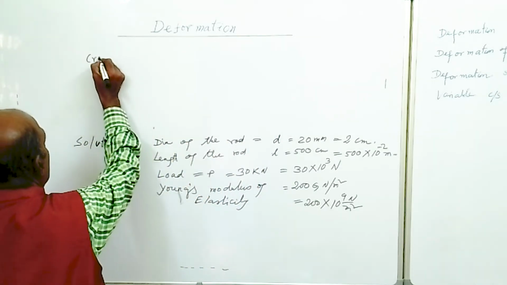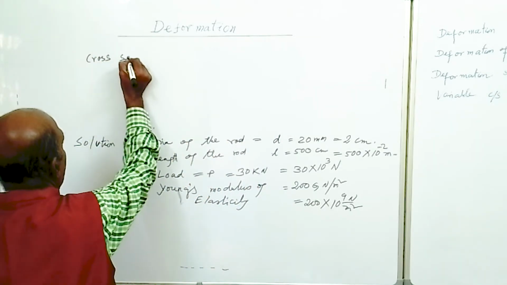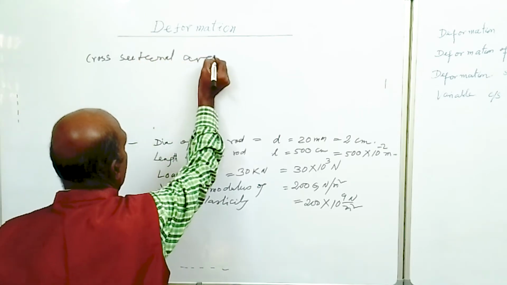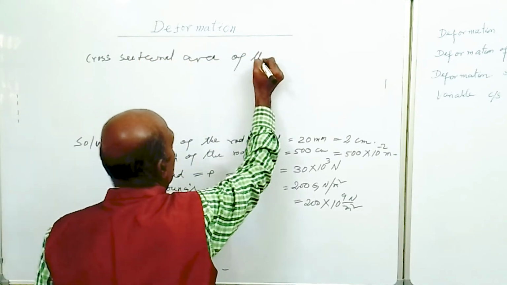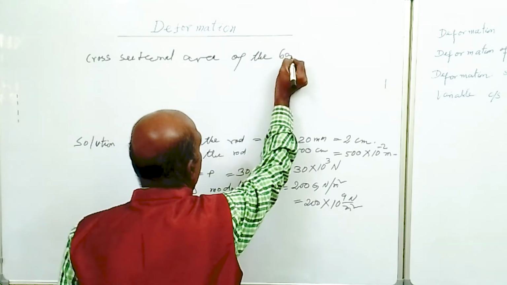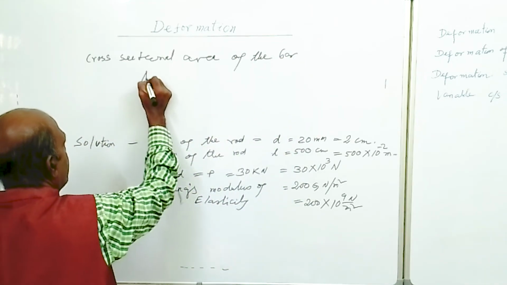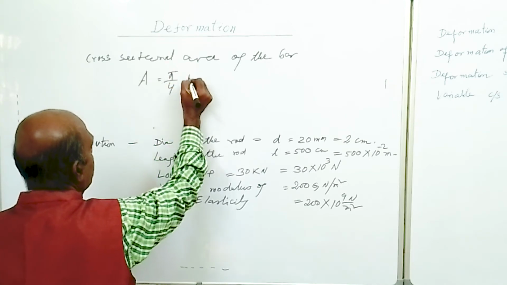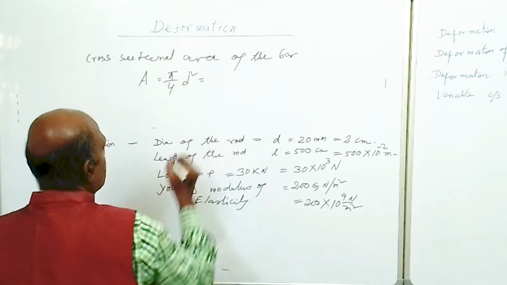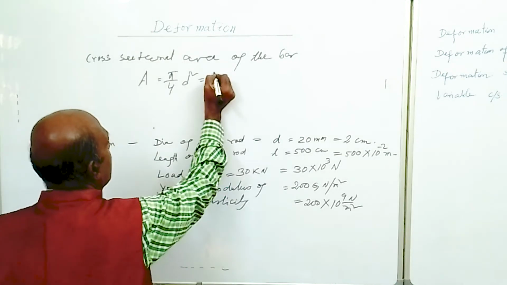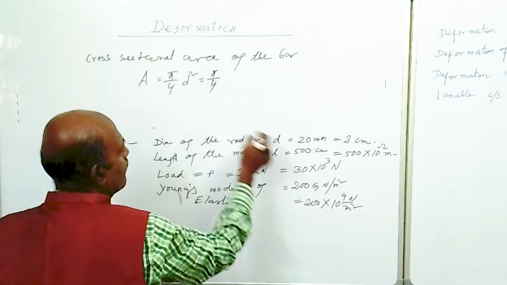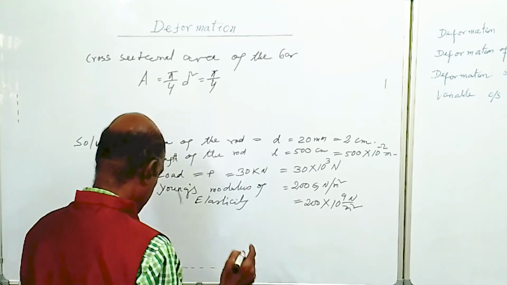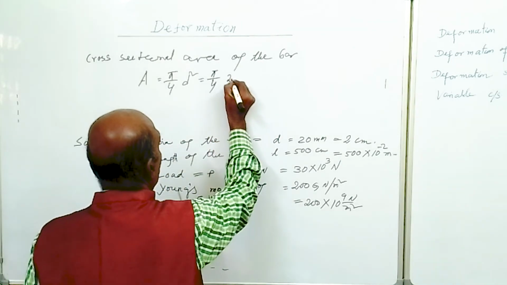You know the cross sectional area of the bar is given by capital A is equal to pi by 4 into d square, which is pi by 4 into 2 whole square, where the diameter of the bar is 2 centimeter.